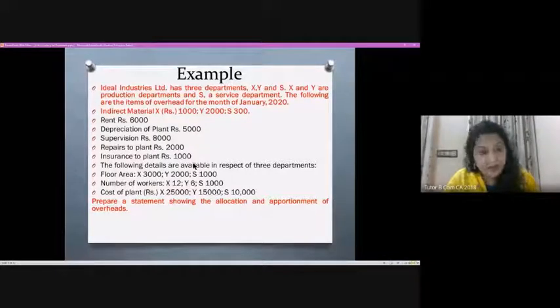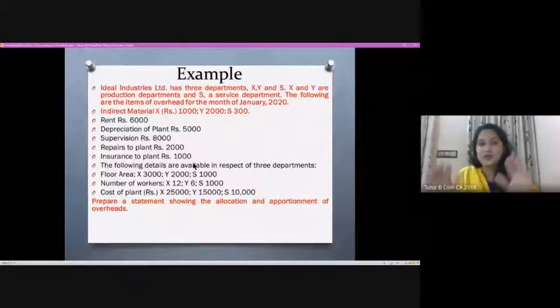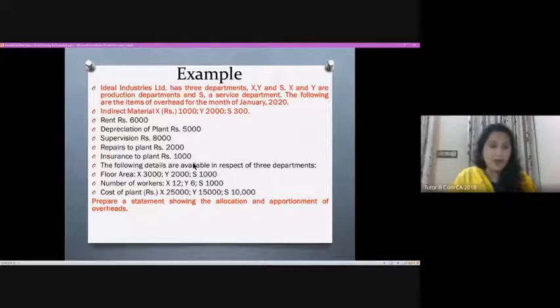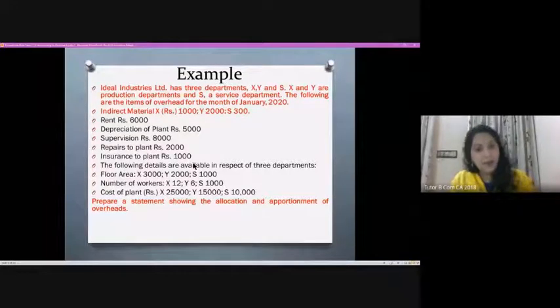So definitely these 3 are the bases on which we have to apportion the expenses given in this question. So I hope you understand the context in which we are discussing. We are given an exercise, right? And the particular factory, in this case, is Ideal Industries. They have three departments, Department X, Department Y, and Department S.